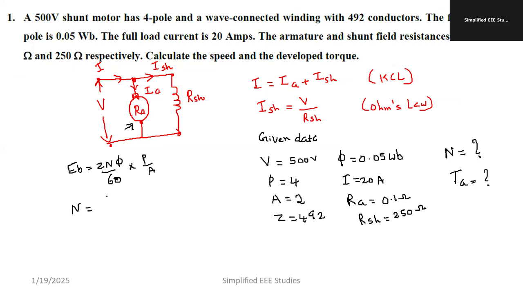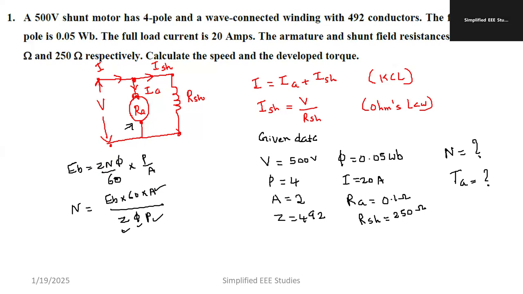Keeping the speed on one side and the remaining terms on the other side, N is equal to EB into 60 into A divided by Z phi P. Here, I don't know the value of EB, but A, Z, phi and P are available. So how do you calculate EB? Let us make it out.